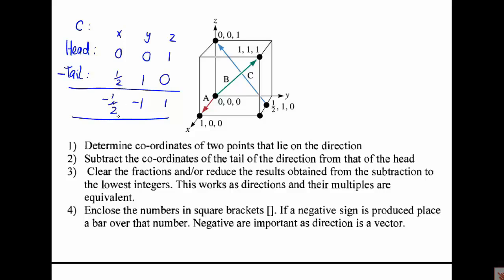We have a half in the x displacement value. If we multiply everything by 2, we will remove that. Minus half times 2 is minus 1. Minus 1 times 2 is minus 2. 1 times 2 is 2. So we've got to this step here.